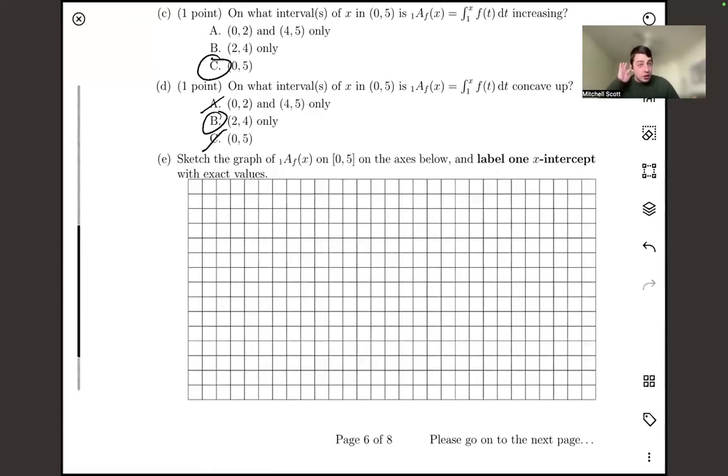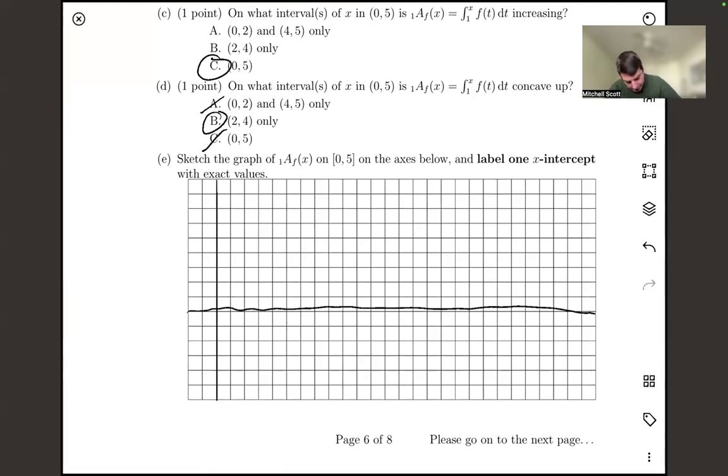So now let's sketch the graph of this function on 0 to 5, and I need to label one x-intercept with exact value. Okay. And if we gave you a question like this on the exam, we wouldn't give you graph paper.